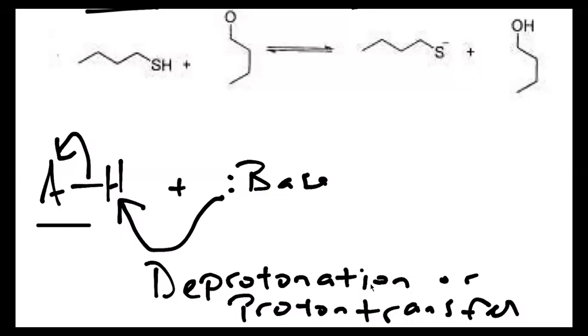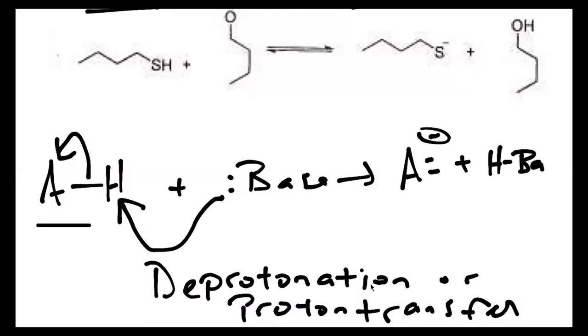Number two, hydrogen doesn't really follow the octet rule because it only has one electron anyway. So both electrons go back to A. Is that okay? Then I'm left with A minus plus the conjugate acid. So this is the conjugate acid, this is the conjugate base, this is the acid, and that's the base. Is that all right?